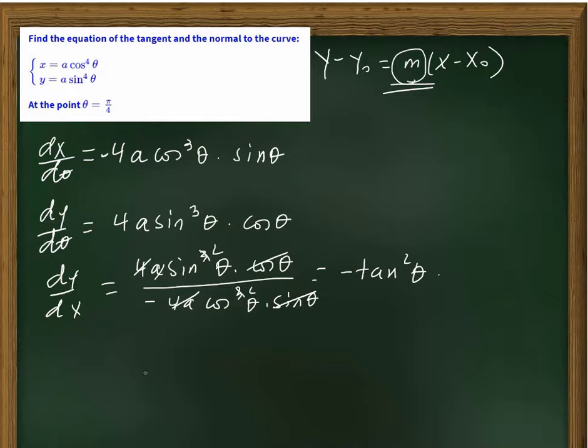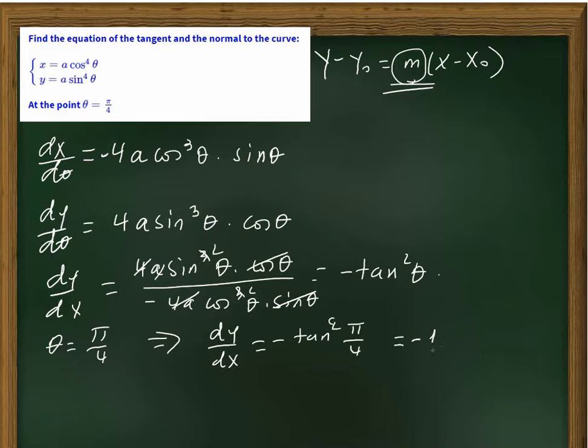So we have taken the dy over dx. This is just the slope, and dy over dx at that point is equal to negative tangent squared of pi over 4. But we know tangent of pi over 4 is equal to 1, so that is just negative 1.